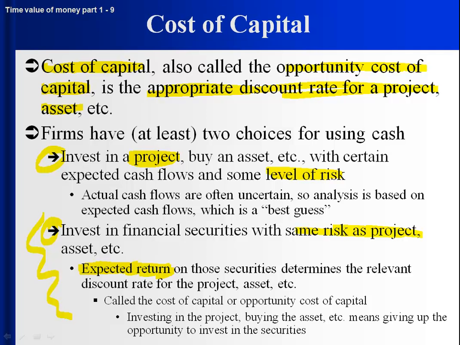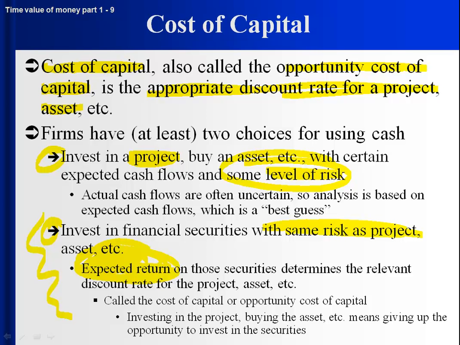So by doing this with this level of risk, we miss out on the opportunity to earn this expected return for the same level of risk. And the way we incorporate the fact that we're giving this up, the fact that there's a cost associated with pursuing a project or investing in an asset, is by having this expected return be the discount rate. It's called the cost of capital or the opportunity cost of capital.